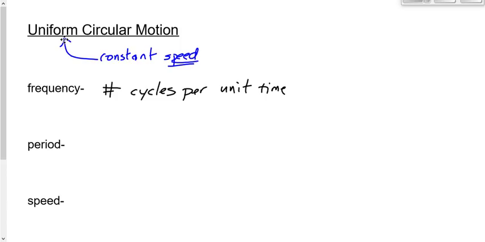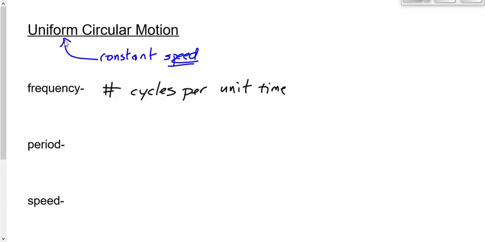Or if we were talking about the RPMs in your engine, if you drive, you know that there's a tachometer on the dash of your car that measures the RPMs, the revolutions of the engine, cycles of the engine per minute. The number of up and down of the pistons in the engine per minute. Okay, the number of cycles per unit time.